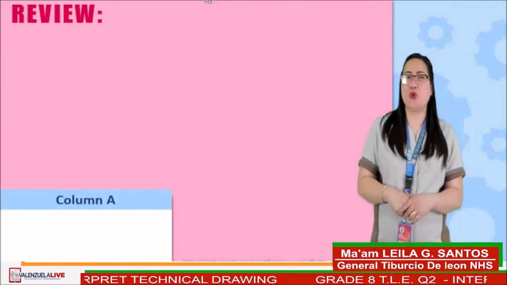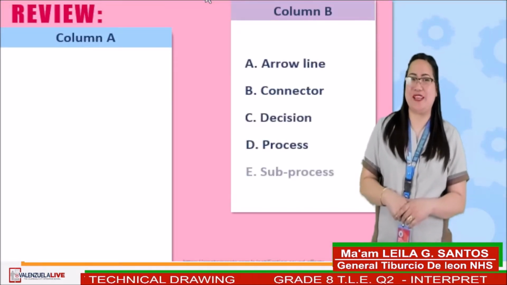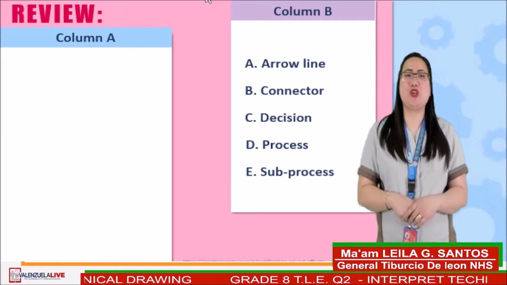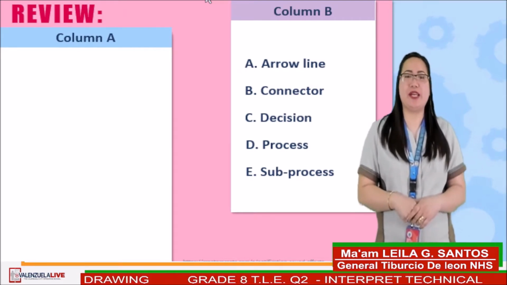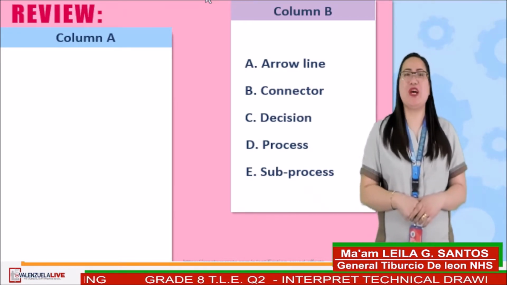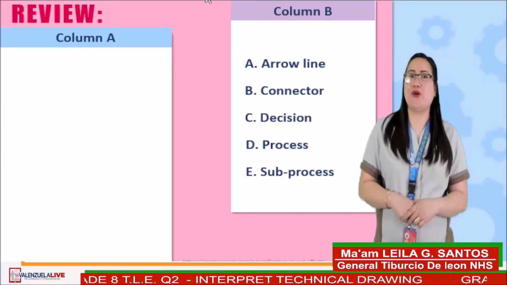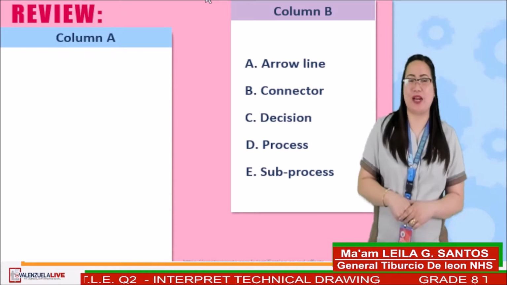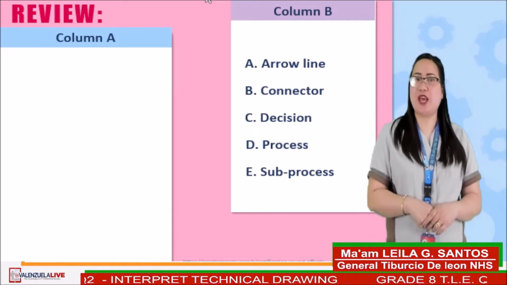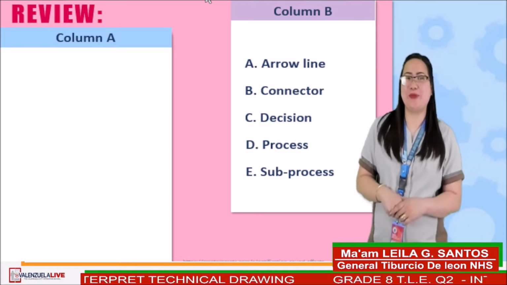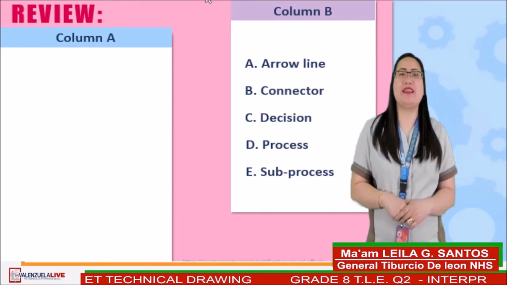Let us try to work on this review activity. Match the description of an element of a flowchart in column A to the column B. You can type or key in the letter of your answer in the comment box. You have only 5 seconds to answer every number. Let's start with number 1.